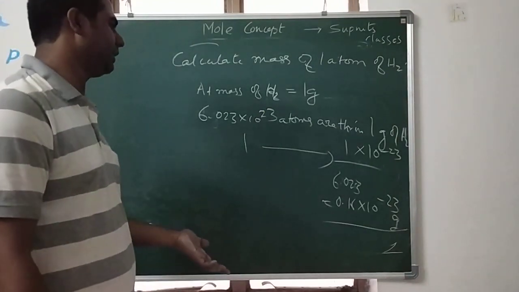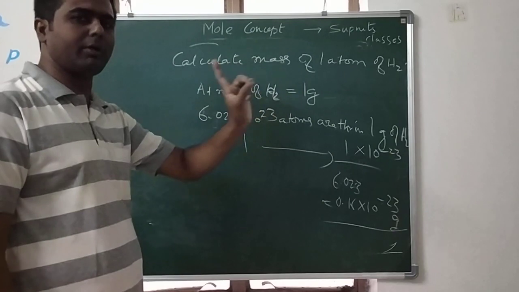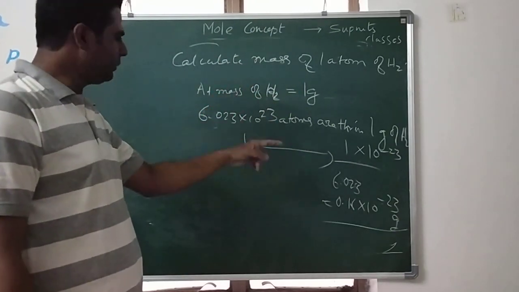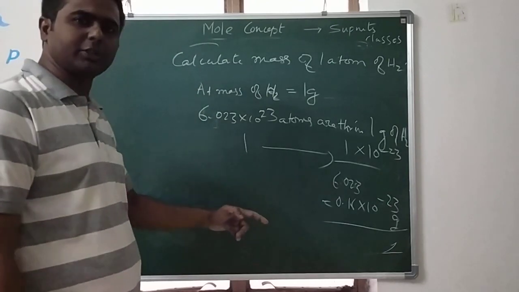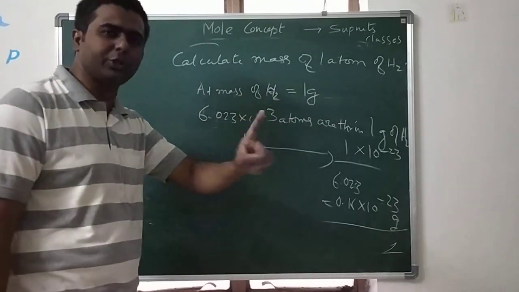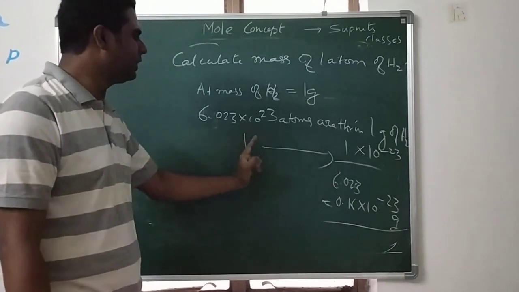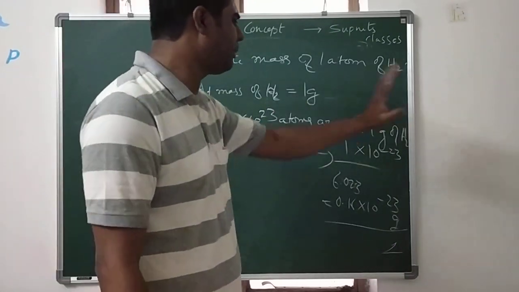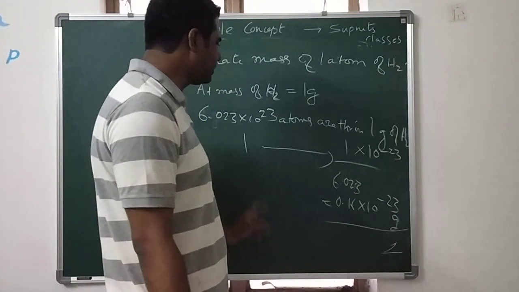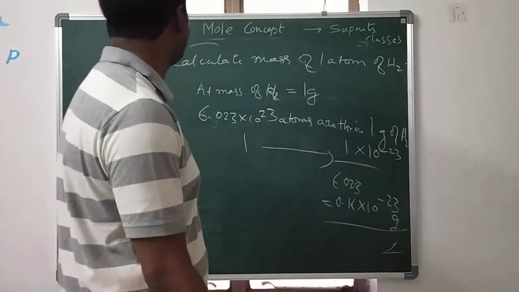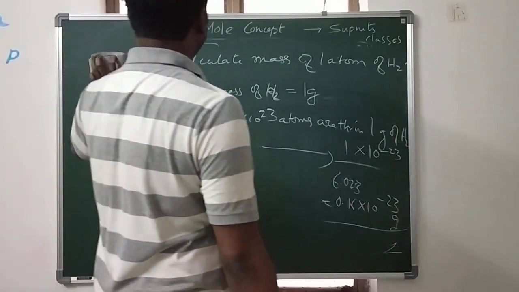See, the concept should be right. 1 gram of hydrogen means the atomic weight. How many atoms are there in the atomic weight of 1 gram? 6.023 into 10 to the power 23. So 1 atom of hydrogen, then how much mass? Just the unitary method. Work it out. Okay?